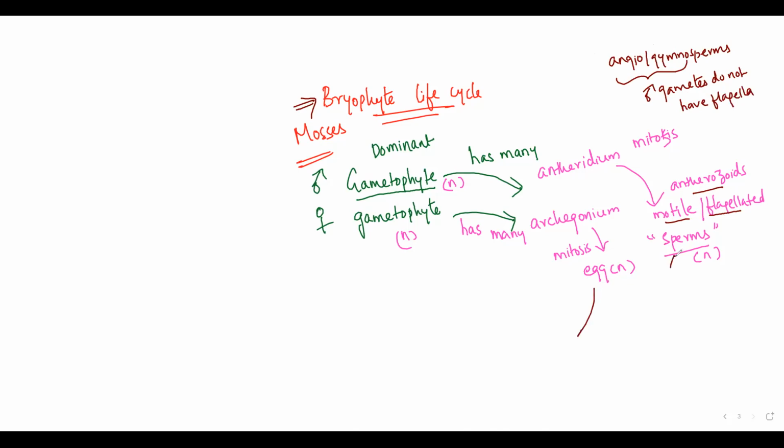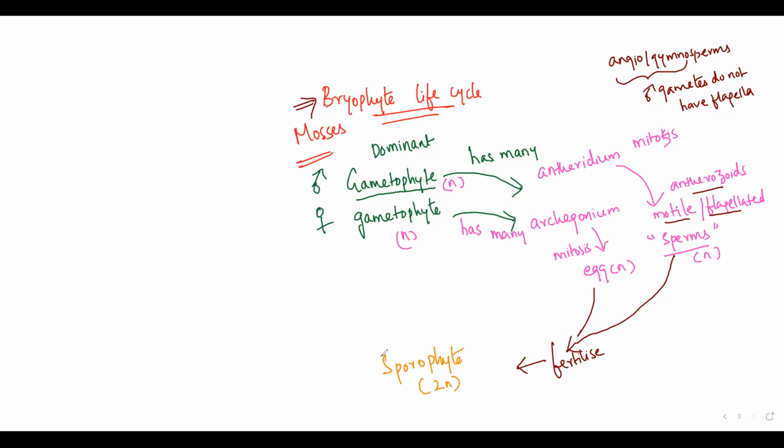Now, the egg and the sperms are going to fertilize. When they fertilize, this results in the formation of the sporophyte, which is a diploid structure.